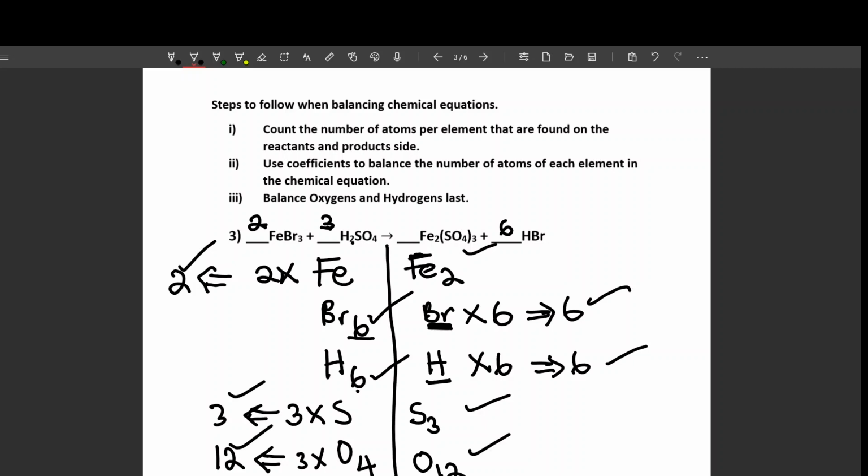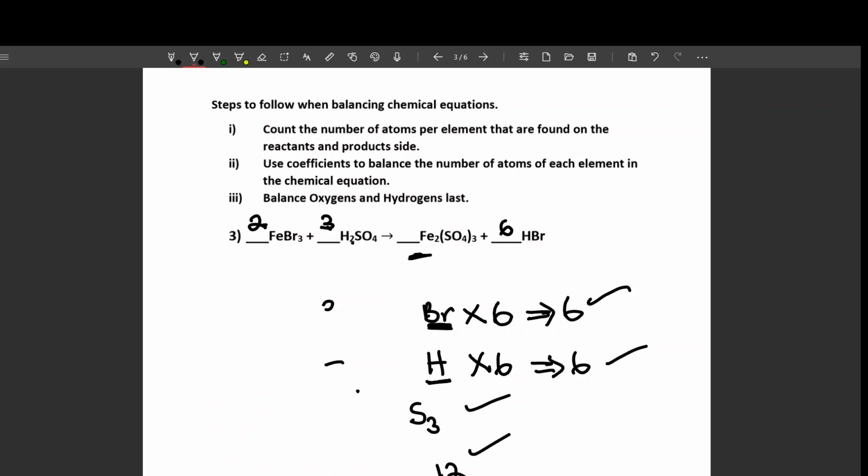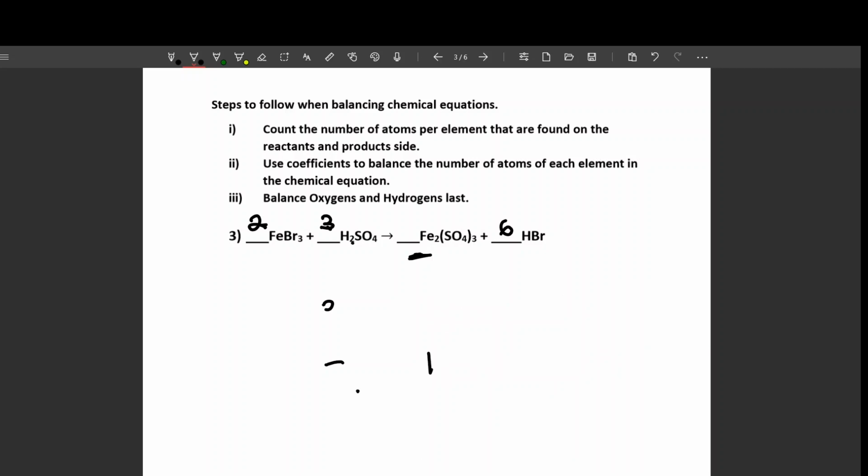Again, as usual, let's verify that we've actually correctly balanced this chemical equation. Ooh, let's erase this. Okay, so again, 2 iron, 6 bromine, because it's 2 times 3.